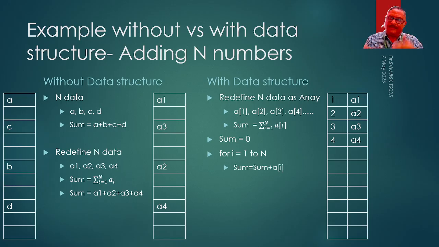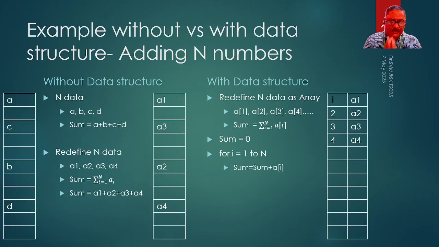Just imagine adding 1,000 numbers that way. Though they were available in the memory, still you are not able to make use of the processing power of a computer because you are doing everything manually.